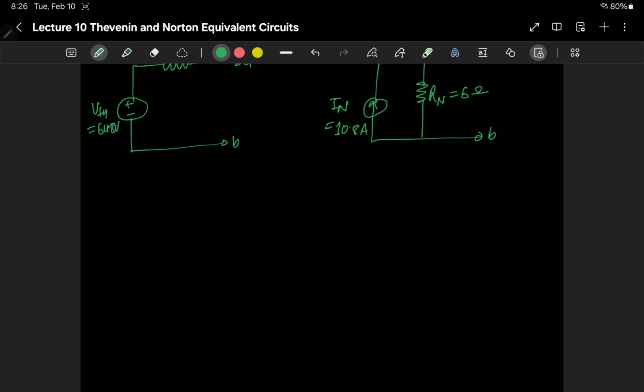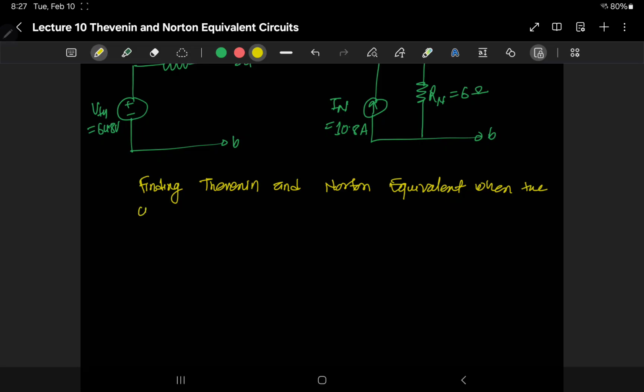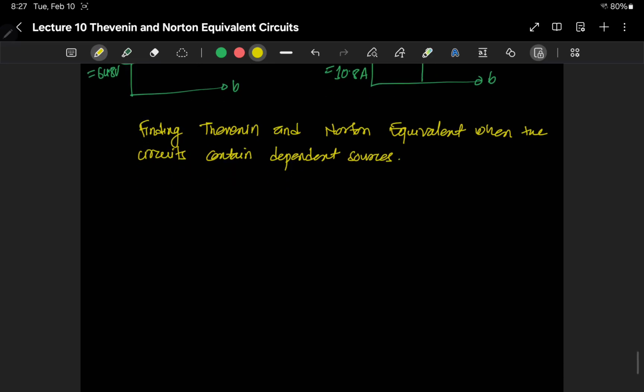So let's see this special case: finding Thevenin and Norton equivalents when the circuits contain dependent sources.